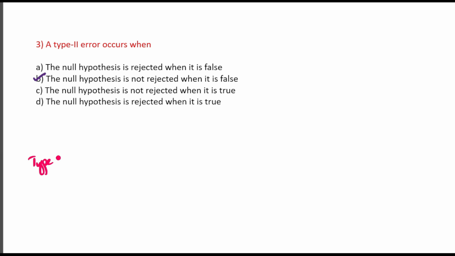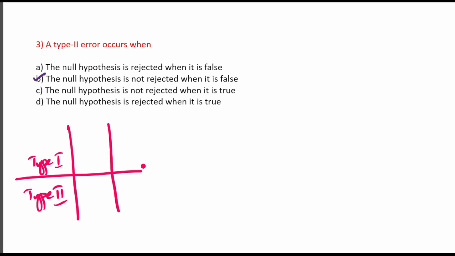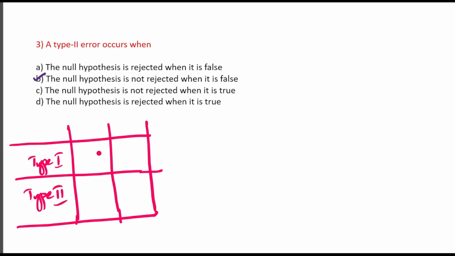This is type 1 error and this is type 2 error. Please remember this chart or this small mnemonic type of table that I prepared, so it will be easy for you in the exam. Whenever such a question comes, you just blindly put this table and then you will come to the answer.